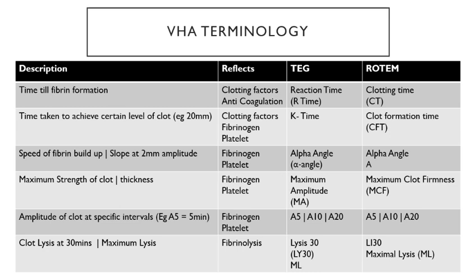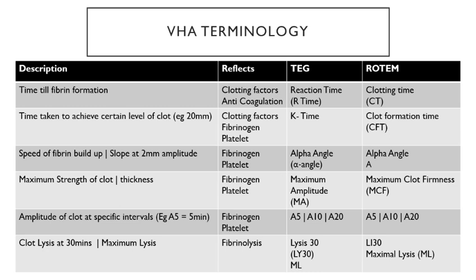Clot strength is reflected by maximum clot strength and amplitudes of clot at specific intervals. Maximum clot strength is reported as MA or maximum amplitude in TEG, and MCF or maximal clot firmness in ROTEM. These parameters reflect platelet and fibrin interactions in the hemostatic process.